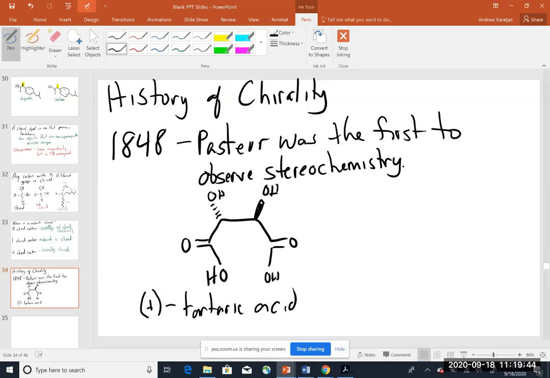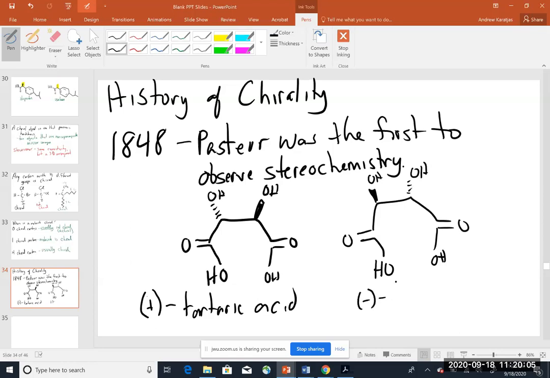And so that one became known as plus tartaric acid. The other sample, which would later be determined to have this structure, rotated the light in the opposite direction, or counterclockwise, and so is known as minus tartaric acid.